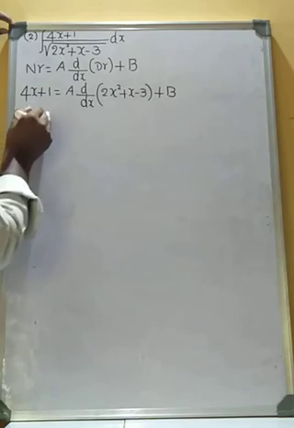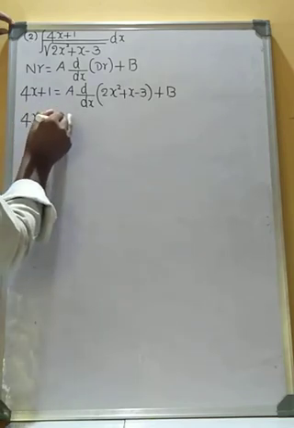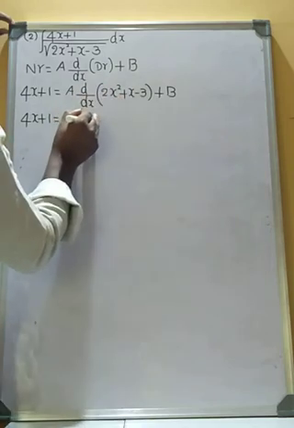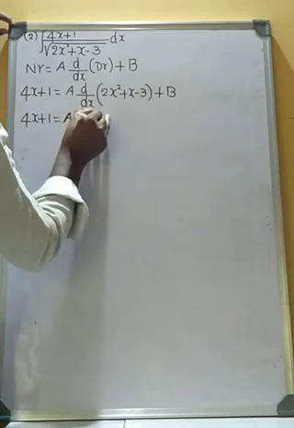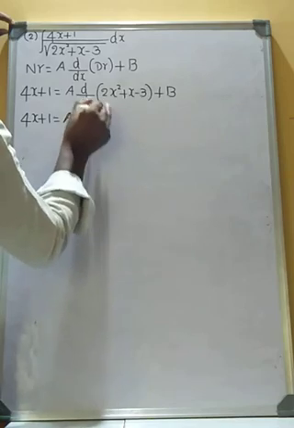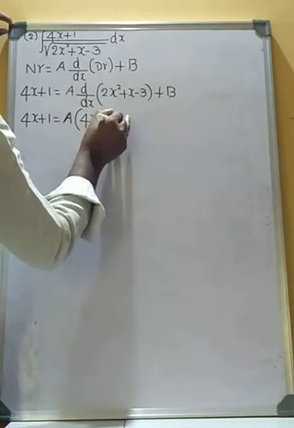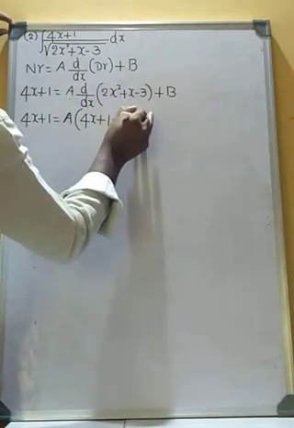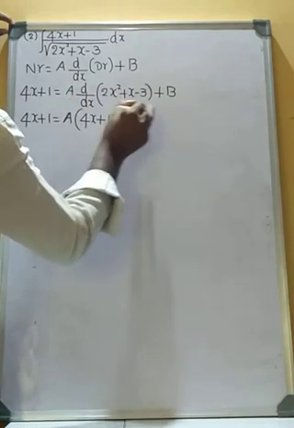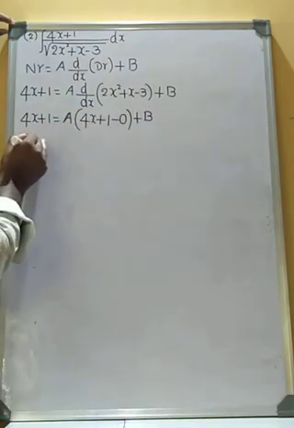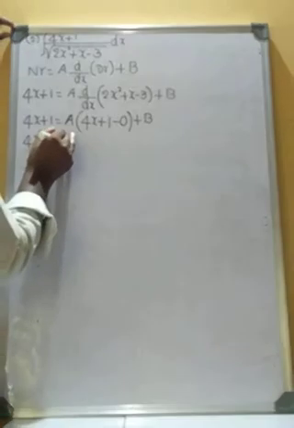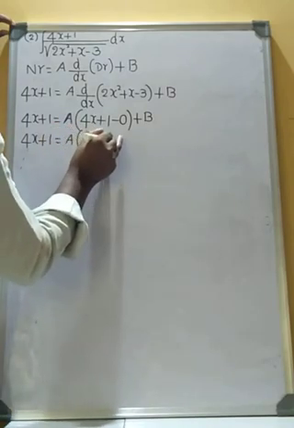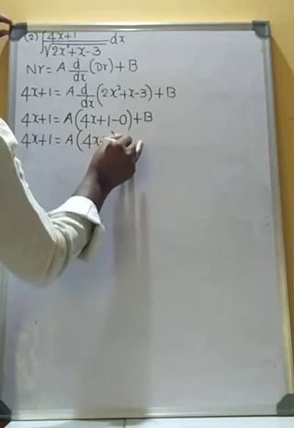Therefore 4x plus 1 equals a into d by dx of 2x square, which is 4x, plus d by dx of x, which is 1, minus d by dx of the constant 3, which is 0, plus b. Therefore 4x plus 1 equals a into (4x plus 1) plus b.